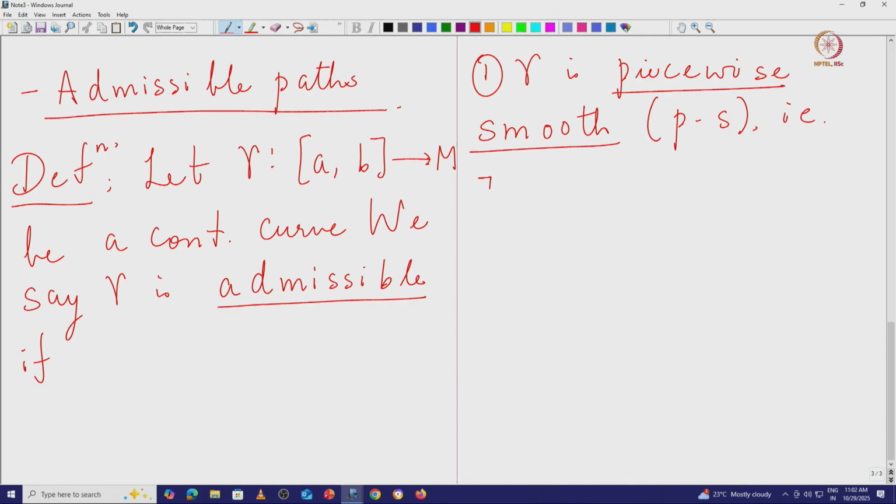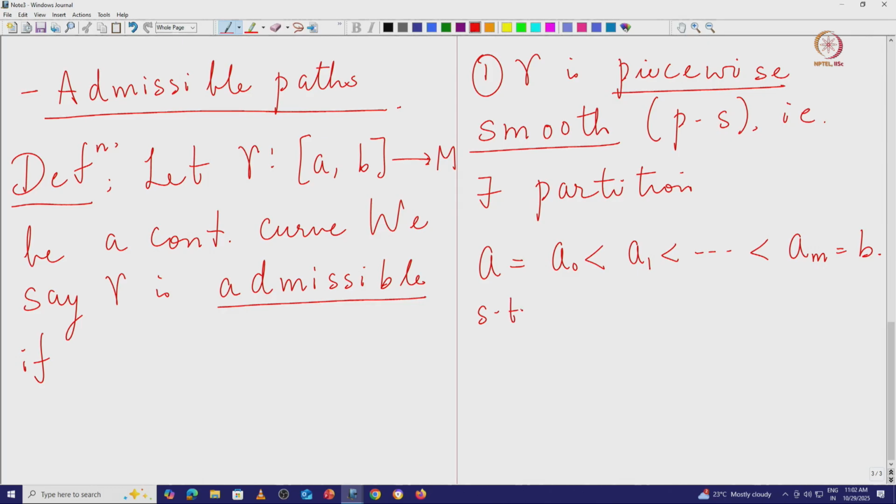That means there exists a partition such that gamma restricted to a_{k-1} to a_k is smooth. So this is what being piecewise smooth means.